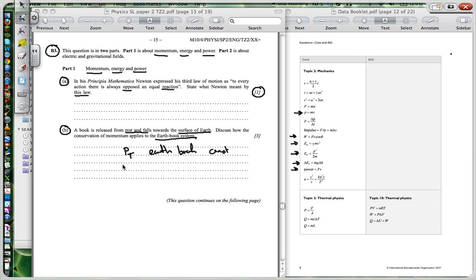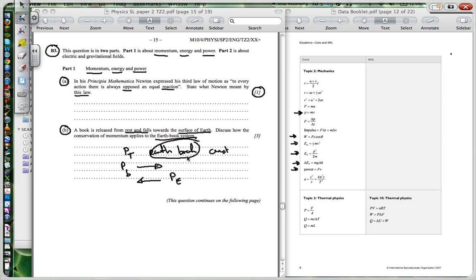So as the momentum for the book increases in one direction, the momentum of the earth will be increasing by the same amount in the other direction.